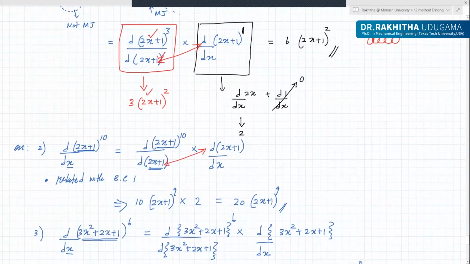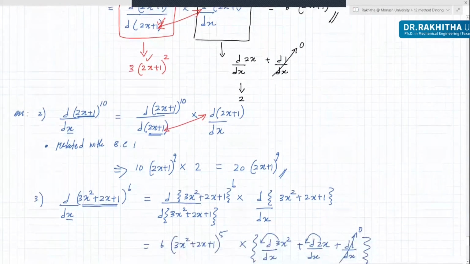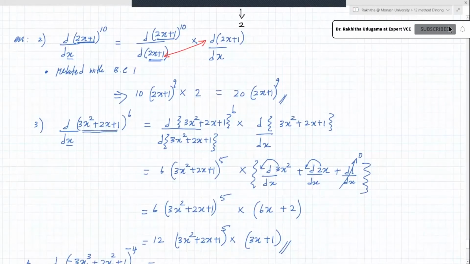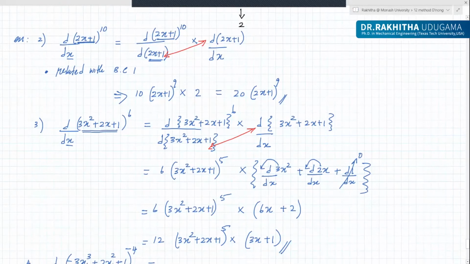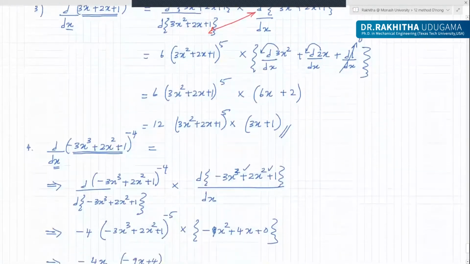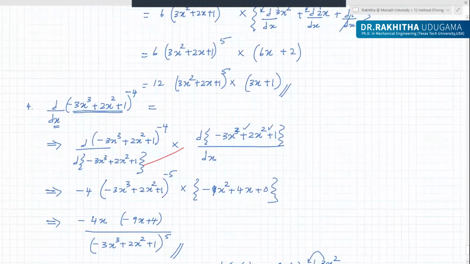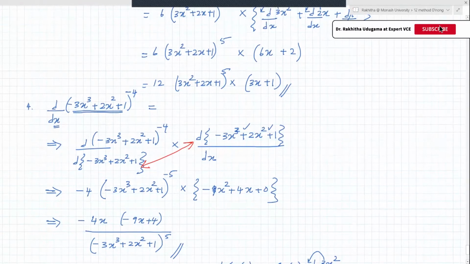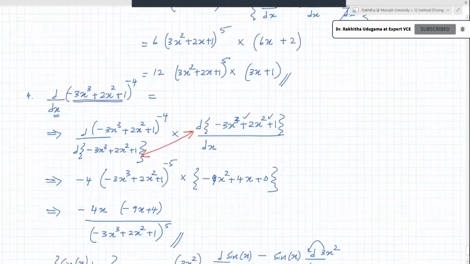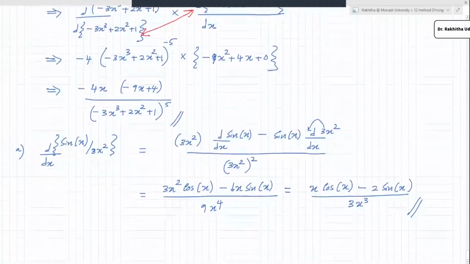In this example, look at this. This is the attachment. Same thing. If you see this one, this is the attachment. This is attached with these two similarity. You understand what I'm saying?